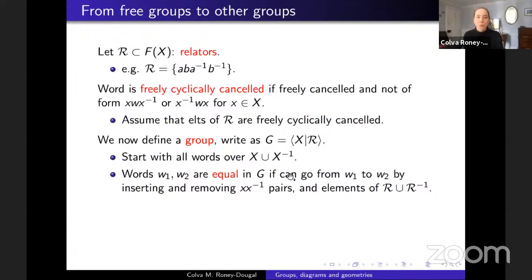So in this group that I make by taking F of X with R, I can make two words equal by inserting and removing either XX inverse pairs or this thing that I've written down there, that word R, or its inverse. We multiply just like we did for the free group by concatenating, so you write one word next to the other.